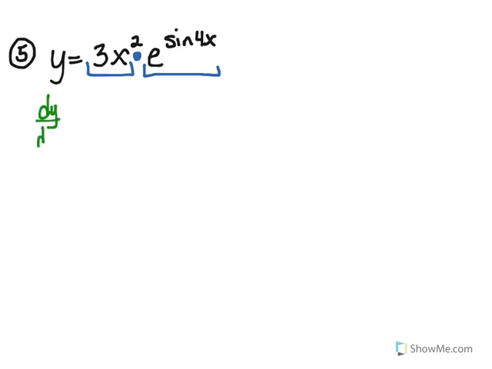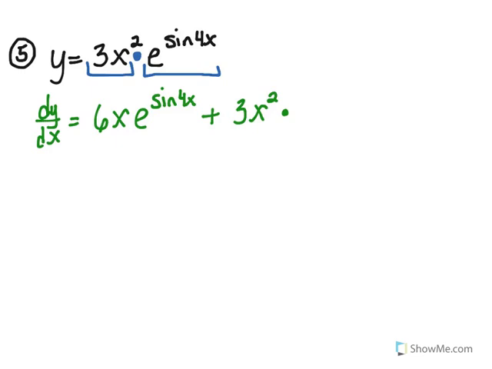dy dx equals the derivative of 1, so the derivative of 3x squared is 6x, times the other, e to the sine 4x, plus, now to do the opposite, put the 3x squared back, and now I have to multiply by the derivative of e to the sine 4x.